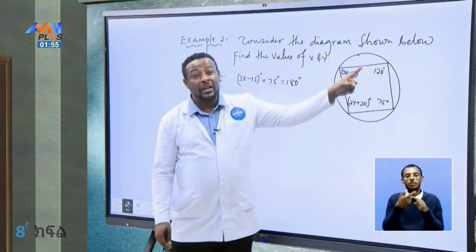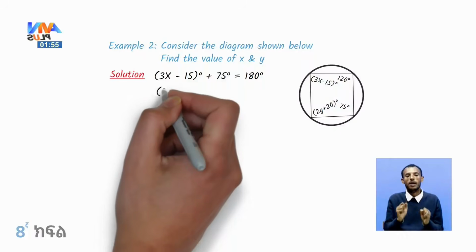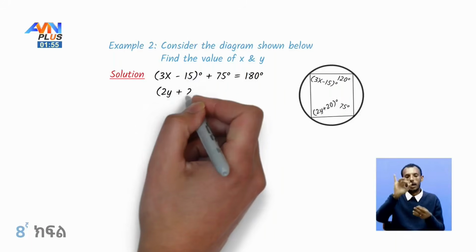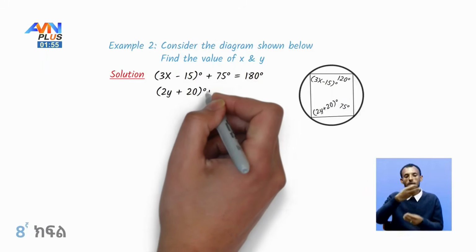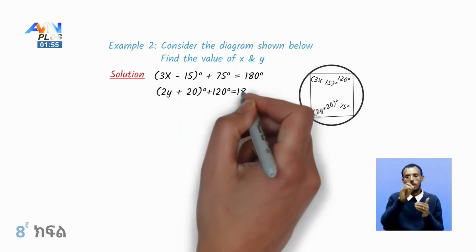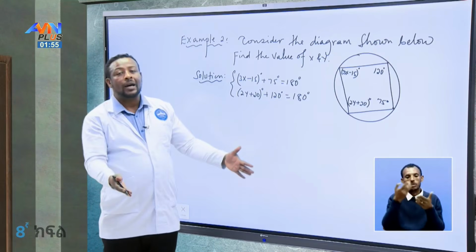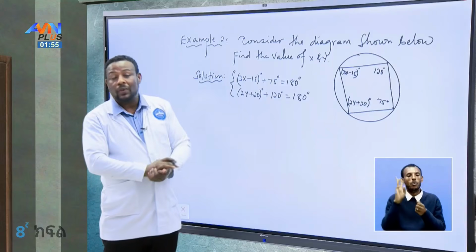From the other pair of opposite angles, 2y plus 20 degrees plus 120 degrees is 180 degrees. Solving these two equations will give us the values of x and y.